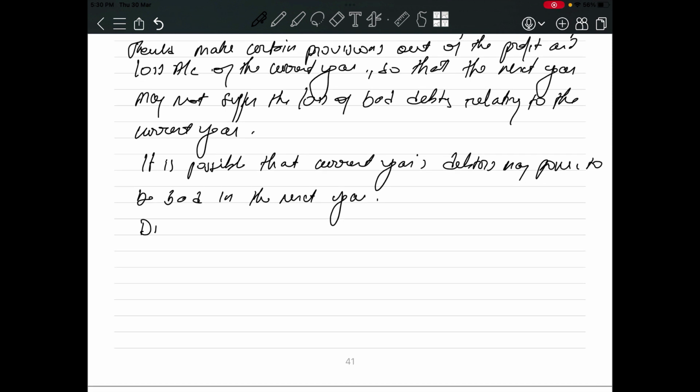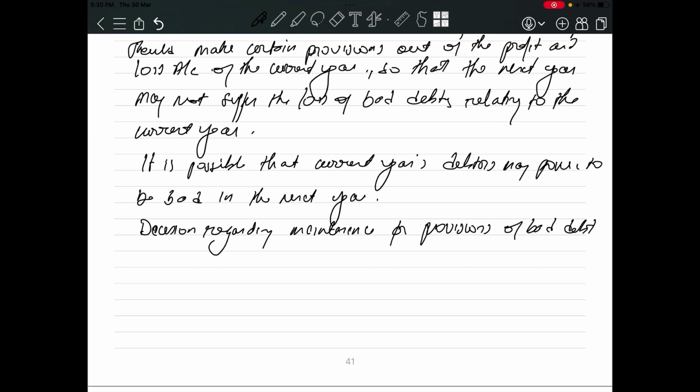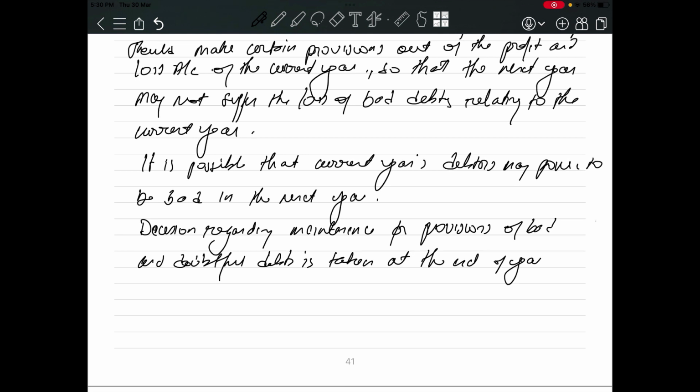The decision regarding maintenance of provision for bad and doubtful debt is taken at the end of the year, so it is an item from adjustment. It is an item from adjustment.